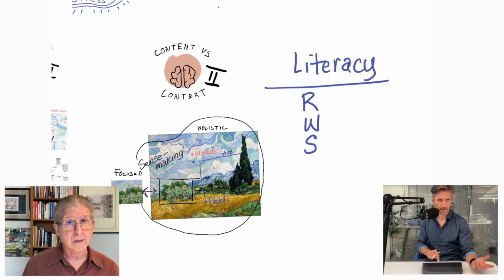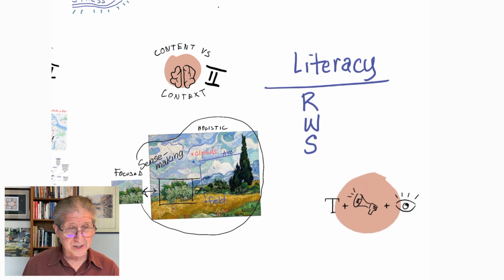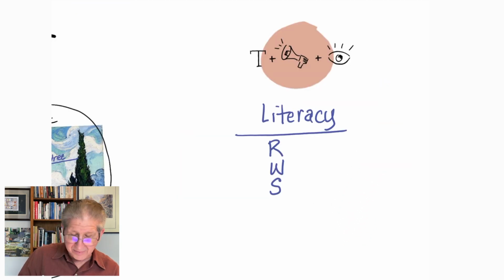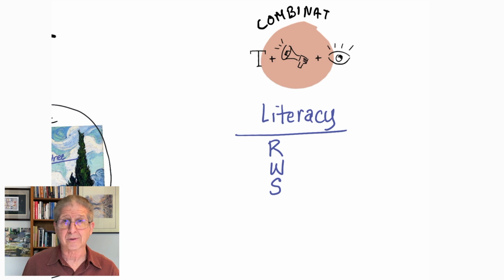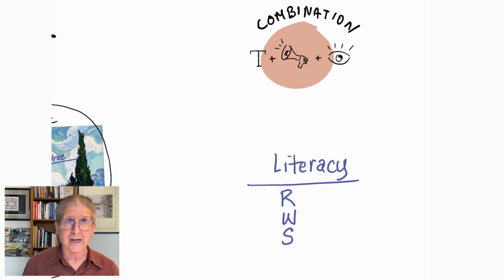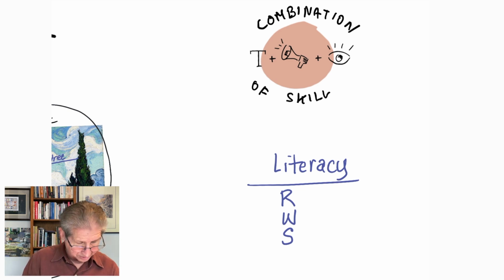It's a combination of skills. And with that combination of skills, we move around in the world. We maneuver, we navigate, we accomplish things, we solve problems, we interact with people with that set of skills. And we have to have that rudimentary set of skills.